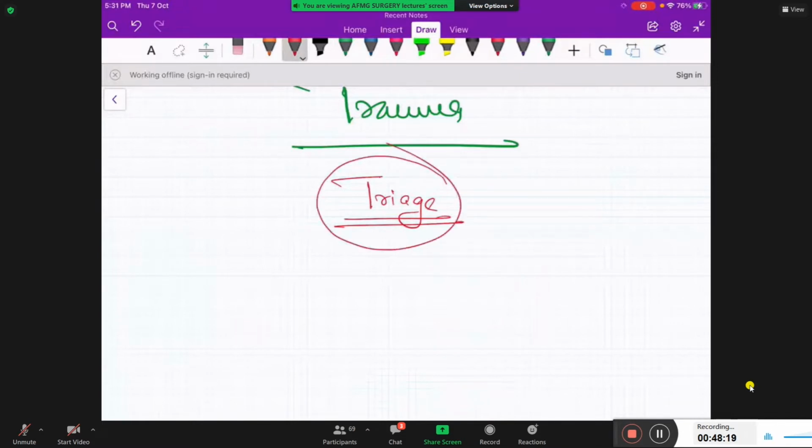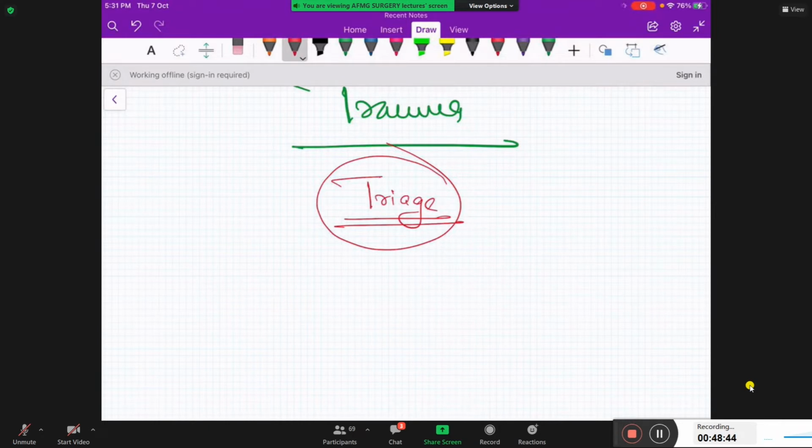Now, can you tell me what is triage? To label the patient. Very good.